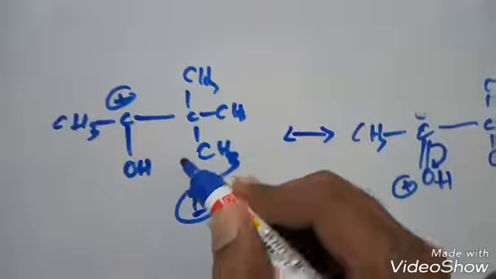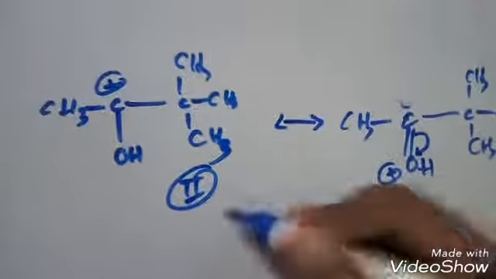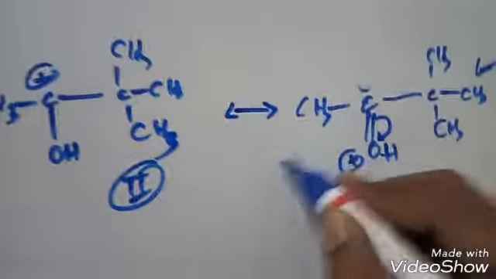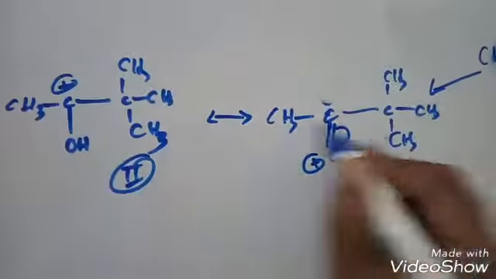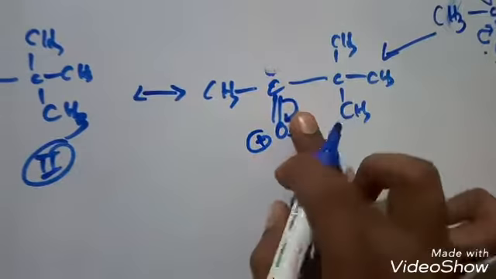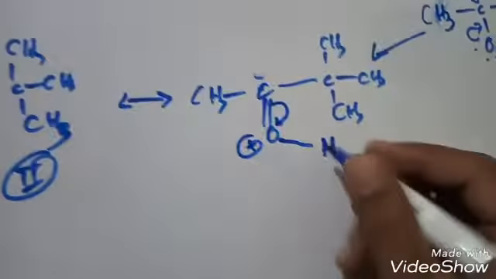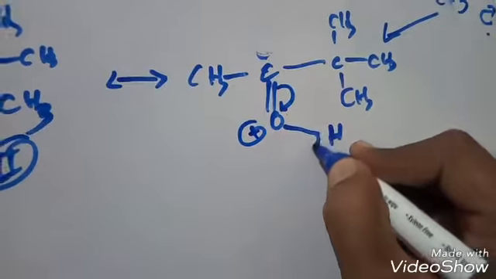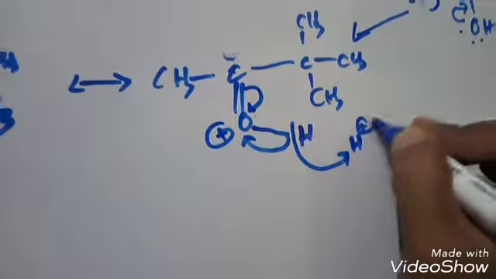Now this can be stabilized. How? This can be stabilized this way. Here, if you see, these are the resonance structures, and there is one more possibility for stabilization. Here this hydrogen bond can be broken, the electron will be taken by oxygen, and this H plus will liberate.